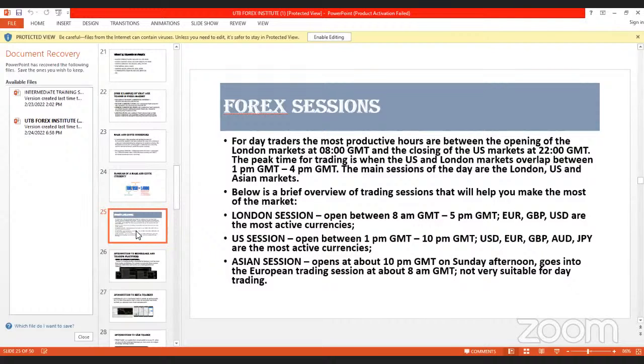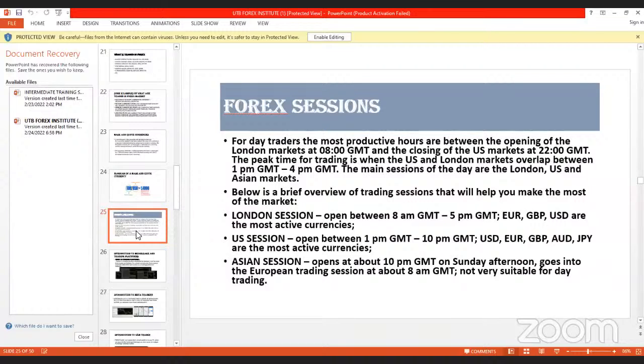The market opens by 10 p.m. GMT by the Asian market, 10 on Sunday evening in a trading week. Market opens 10 or 11 p.m. GMT. If it's 10, that means currently it's +1, because GMT is plus or minus 1.